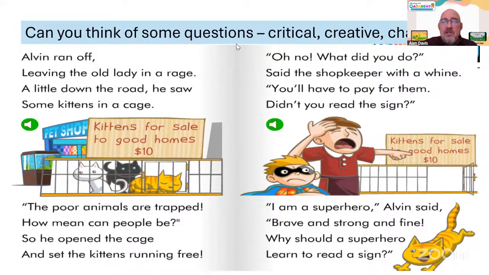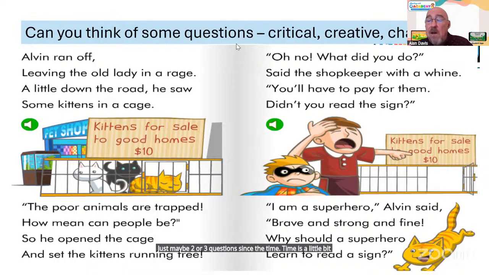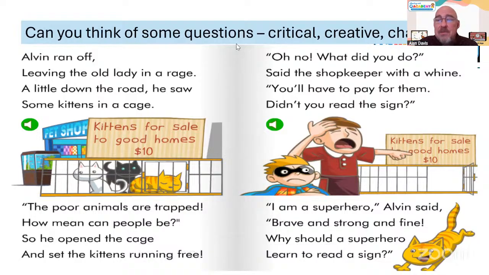Just maybe two or three questions since the time is a little bit short here. Why are all the animals in the cage?